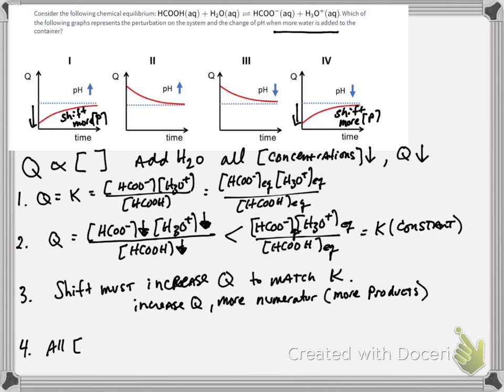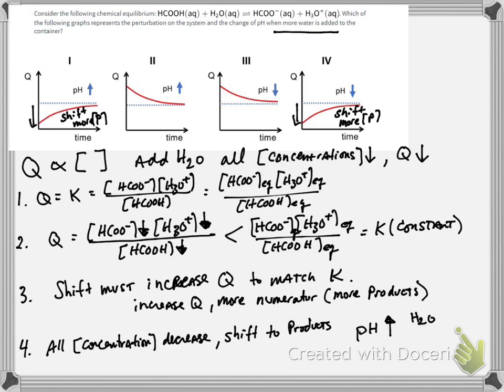And all concentrations, independent of the shift, decrease because we just diluted everything. But what we see is the amount of moles of products has to go up. And the role of water in Ka is that it is a base, and so pH must increase.